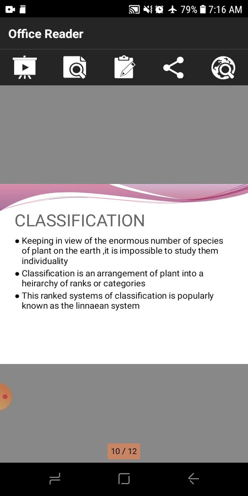These groups, the taxa, are then arranged in sequential order into categories according to their rank.